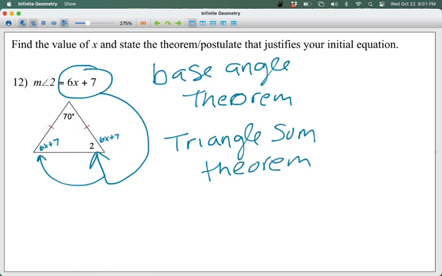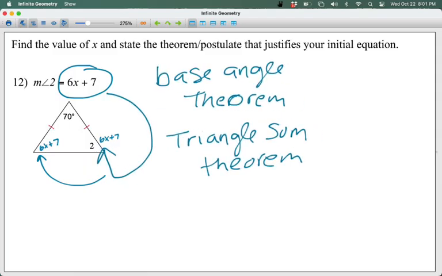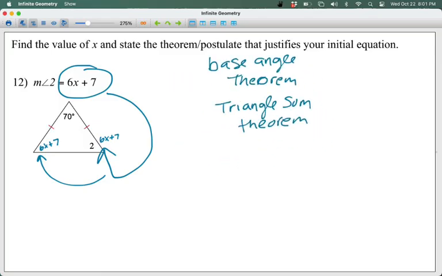And that states that all those add up to be 180. So let's make an equation. We have 2 of the 6x plus 7s plus 70 equals 180. Go ahead and pause it and solve this.